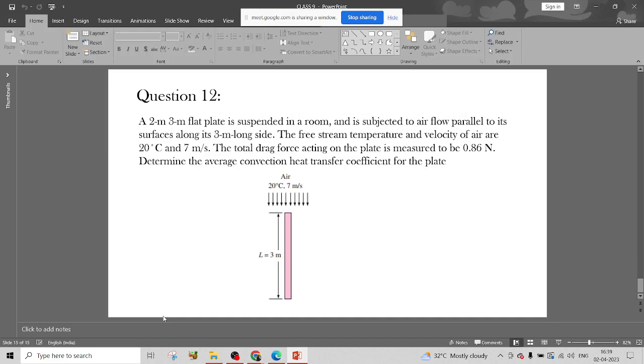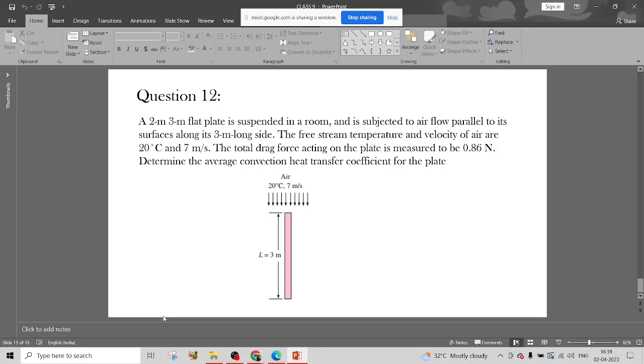A 2 meter by 3 meter flat plate is suspended in a room. Okay, this is 3 meter and this is 2 meter. It is subjected to air flow parallel to its surface along its 3 meter long side.